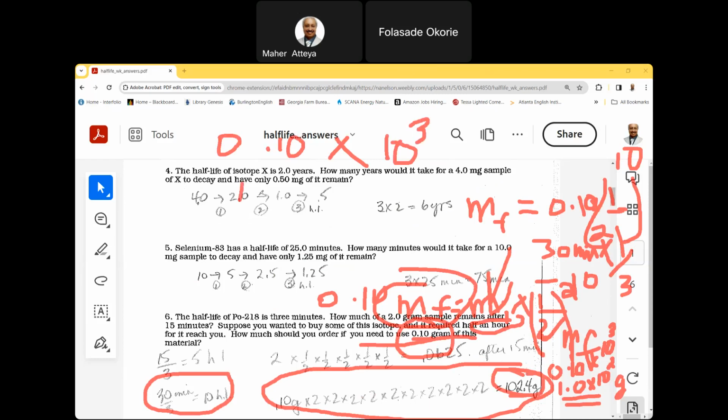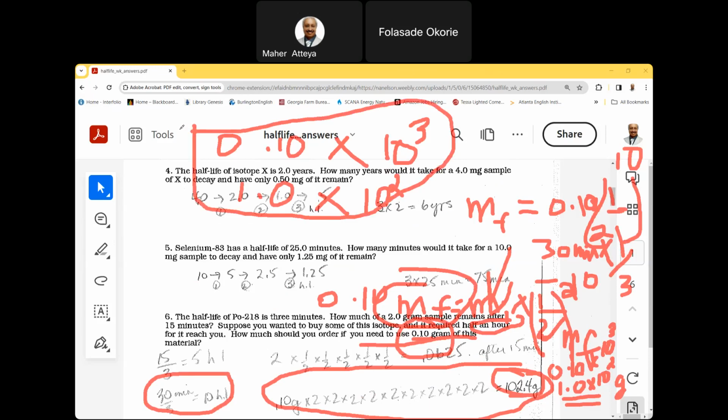I didn't get that. It depends what you are doing. I didn't get this answer. 0.1 gram times bracket half raised to power 10. How much did you get? Half raised to power 10.